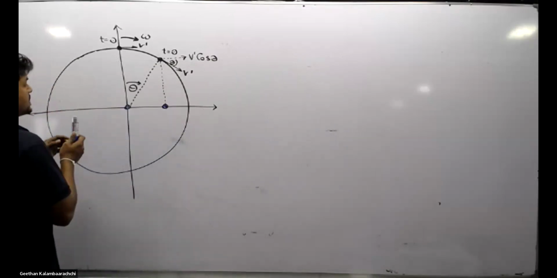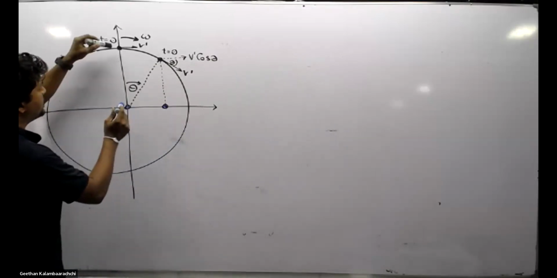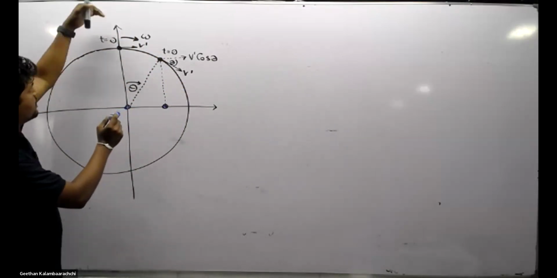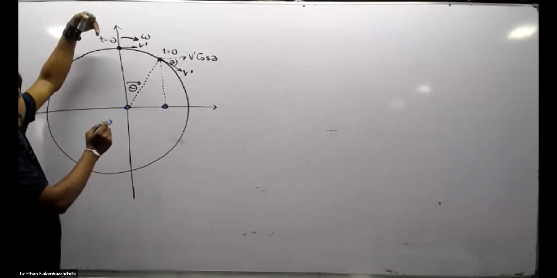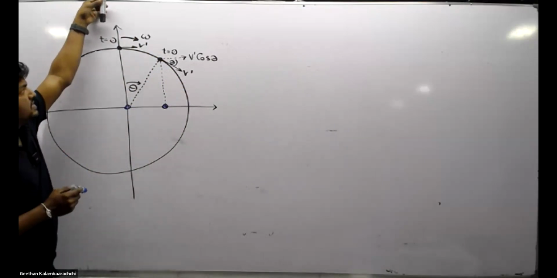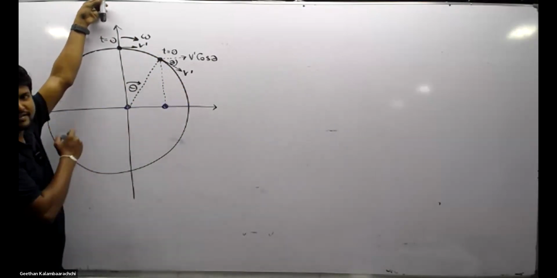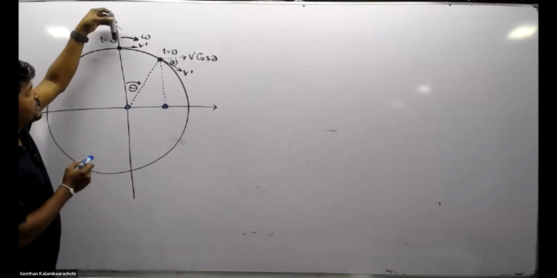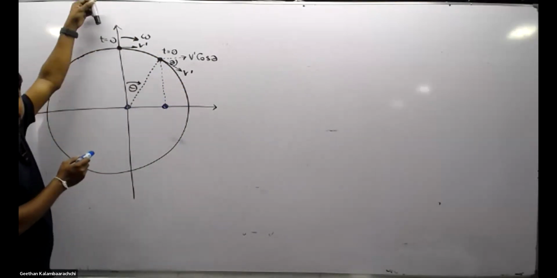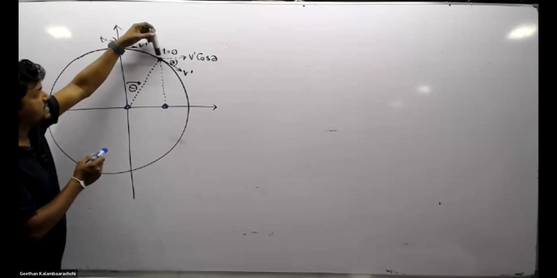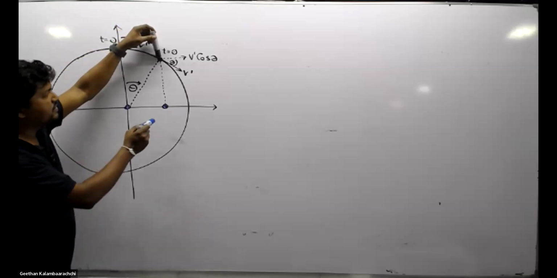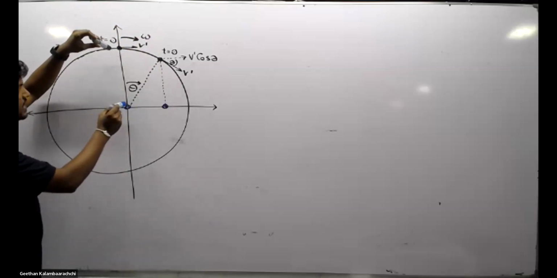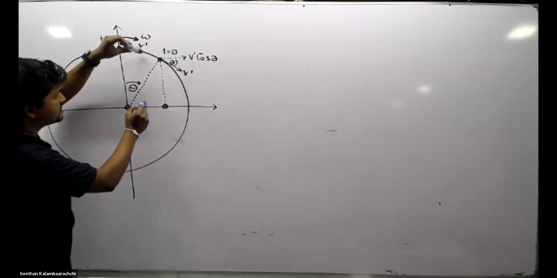And here we have a screen. Now the shadow of this is on here. So this is how the shadow and the object moves.